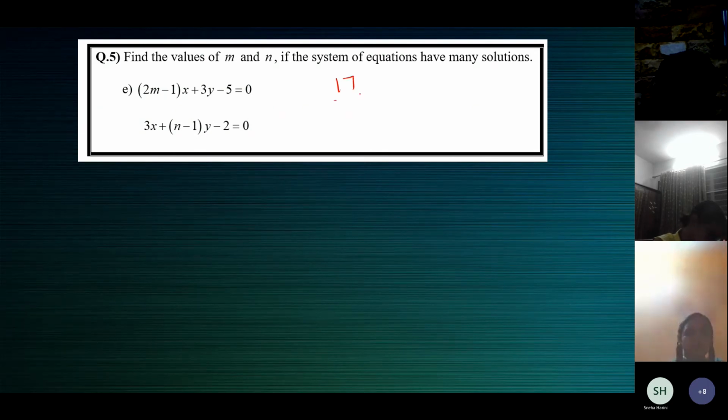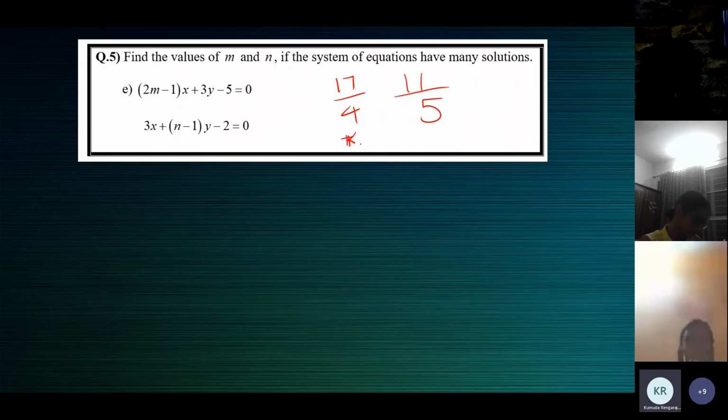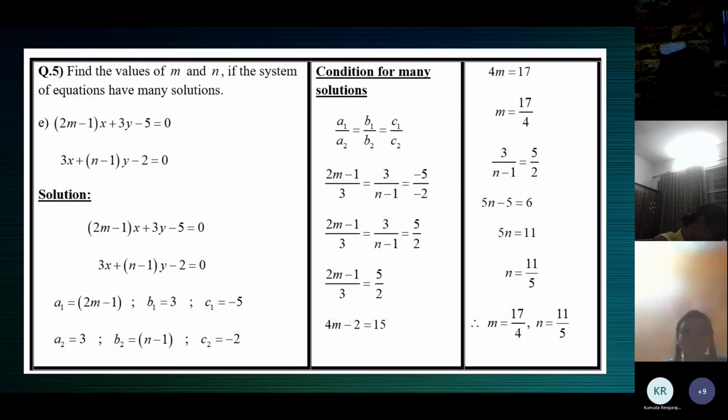Yes, ma'am. Correct? Okay, how many of you get this answer? Tarun, Maurice, Anishka, Rajarajan, Sneha, Harini. Very good. You see the answer? Yes, 17 by 4 and 11 by 5. Perfect, children.